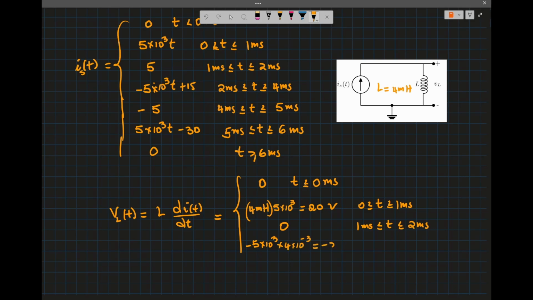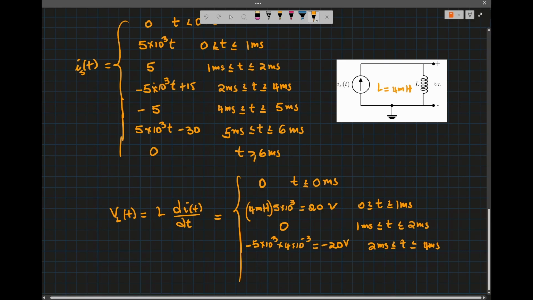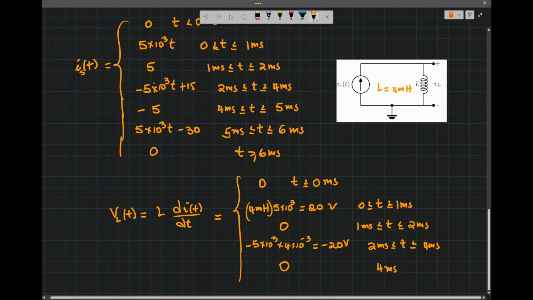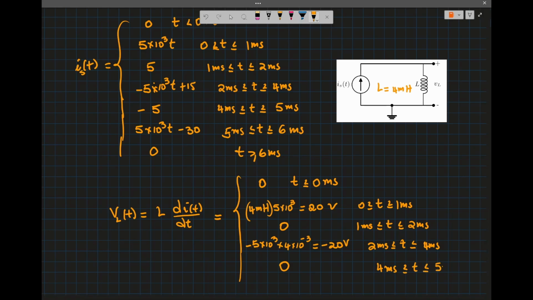That is equal to negative 20 volt, for 2 millisecond less than or equal to t less than or equal to 4 millisecond. Then between 4 millisecond and 5 millisecond it's going to be 0 because it's constant. When you differentiate negative 5 with respect to t, we get 0.